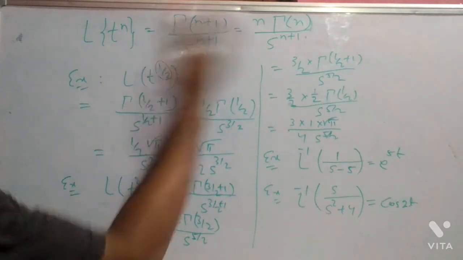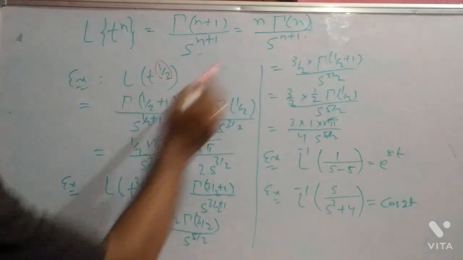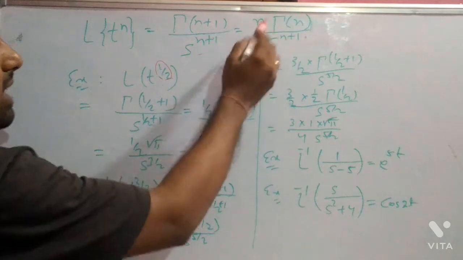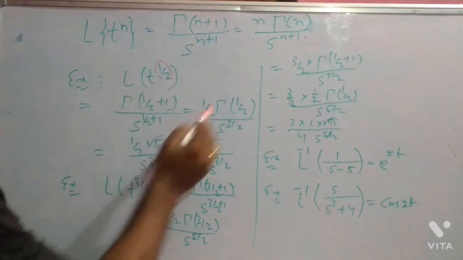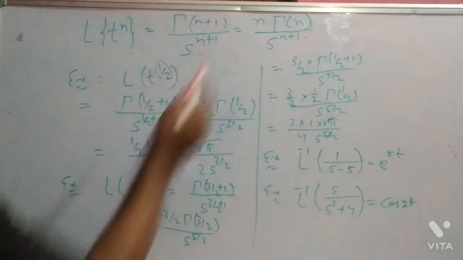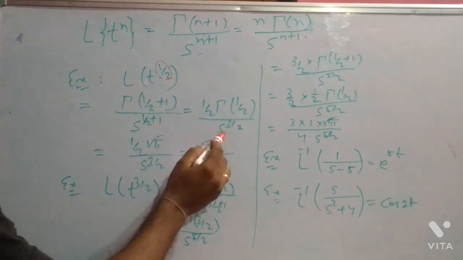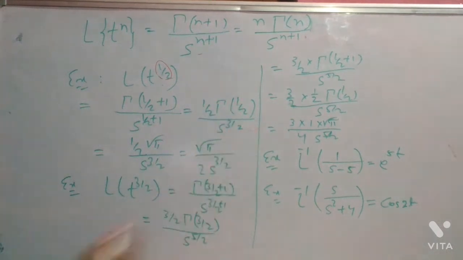So t to the half means it will be half gamma half, over s to the power half plus 1, that is s to the power 3 by 2. So half gamma half over s to the power 3 by 2. Understood?